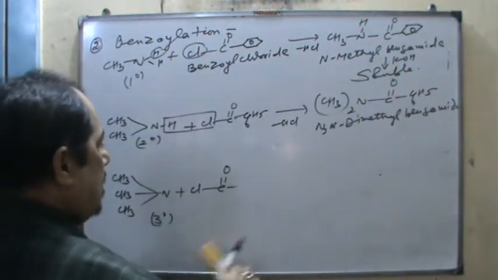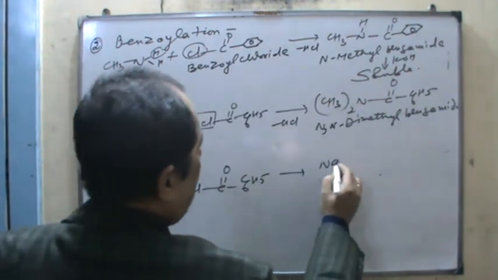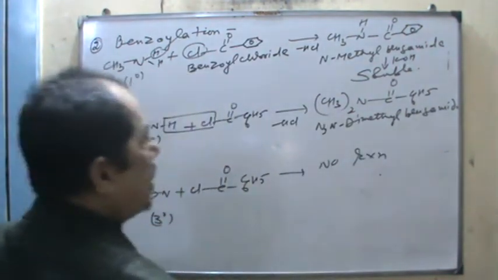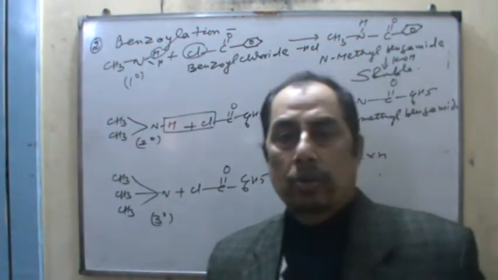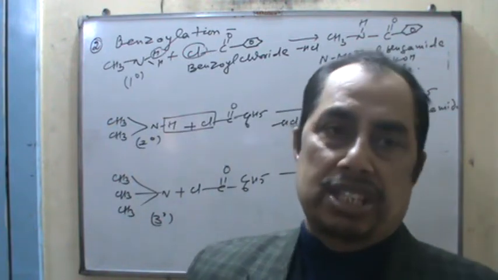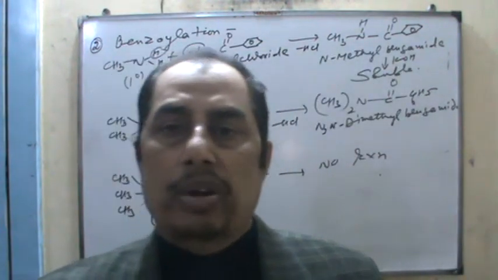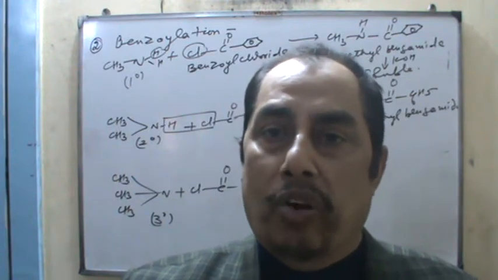You take the tertiary amine, and again you place benzoyl chloride. Further you write no reaction. So acylation or benzoylation, only you have to change the attacking reagent. In case of acylation, you take acetyl chloride, or in case of benzoylation, you take benzoyl chloride.